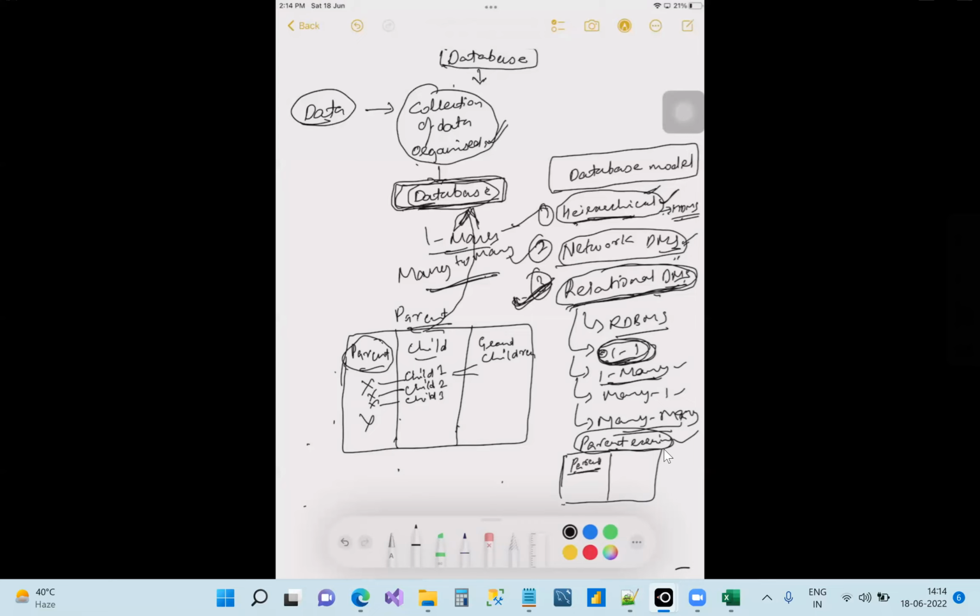On this parent and parent, we can draw many kinds of relationship: one to many, one to one, many to one, and many to many. So it is called a relational database management system. Got it? Don't worry about how these come, one to one, many to many. First understand the difference between all those. Everyone has got that? Yes or no?